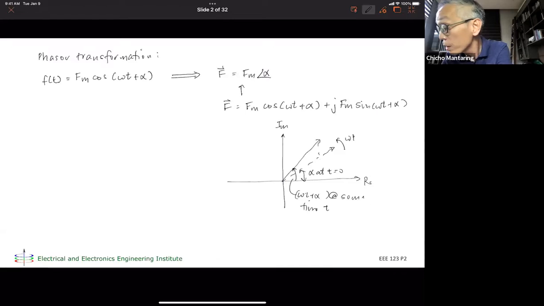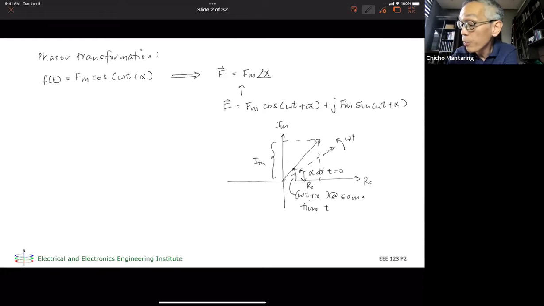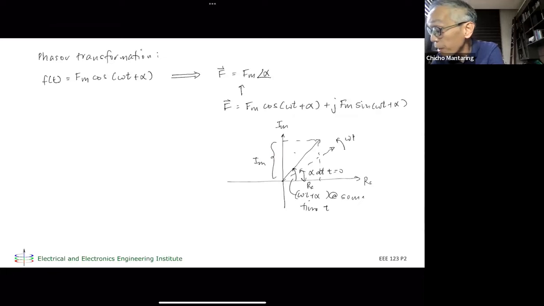Ito yun, no? This is the real component, and then this is the imaginary component. The imaginary component would be j f of m sine omega t plus alpha.